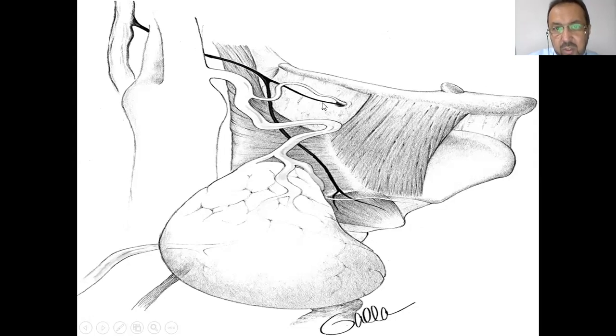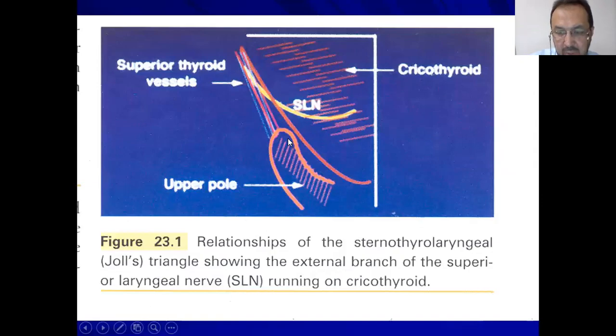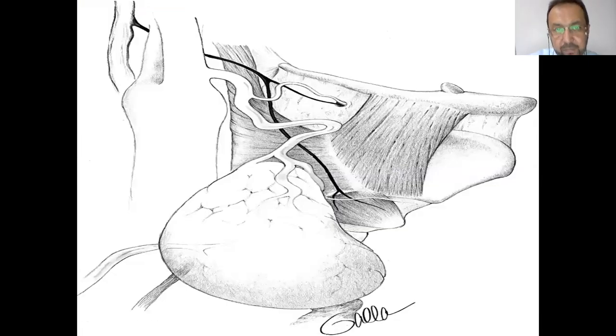The internal laryngeal nerve gets into the larynx to provide sensory supply for the area of the larynx above the vocal folds, and the external laryngeal branch passes in company with the superior thyroid vessels to supply the cricothyroid muscle, the only tensor of the vocal folds and the only intrinsic laryngeal muscle residing outside the laryngeal skeleton.